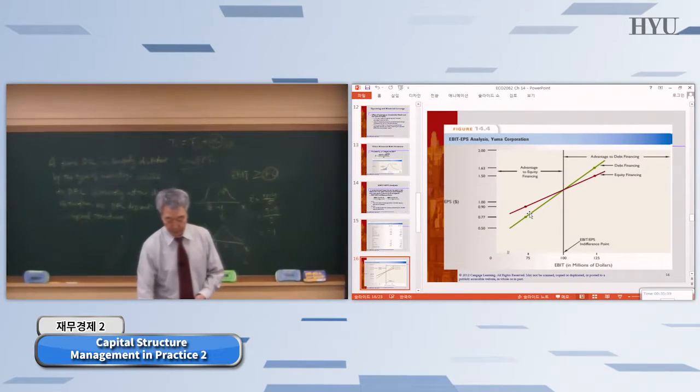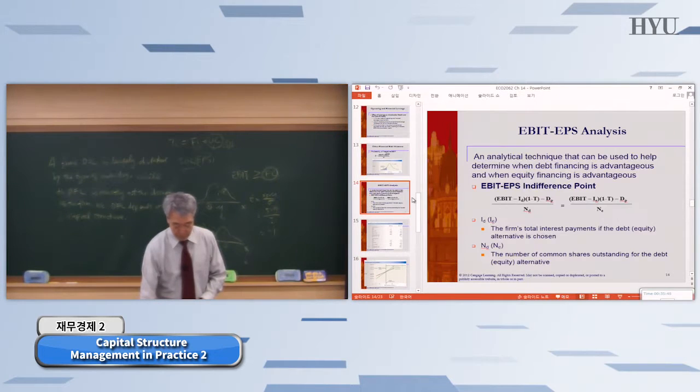So how do we find this crossing point? Well, you use this equation.